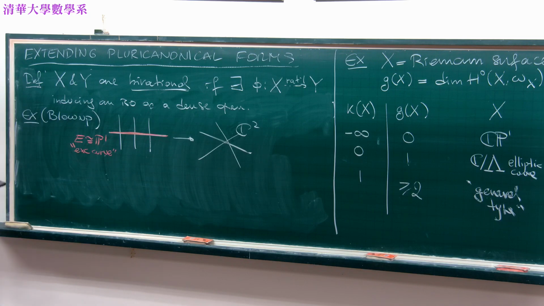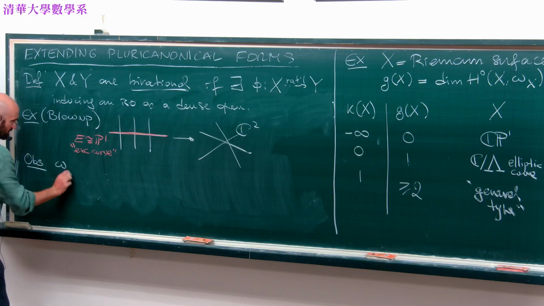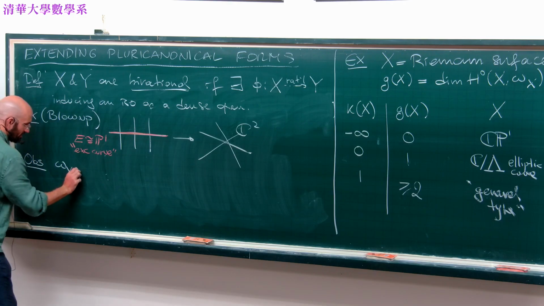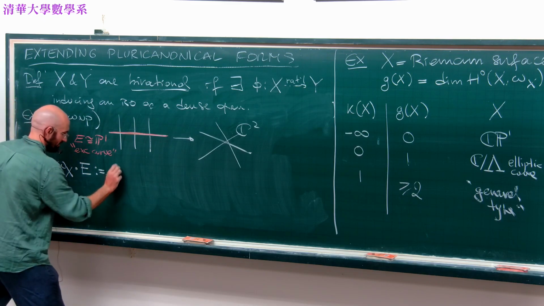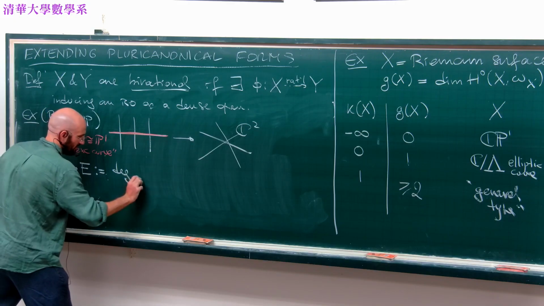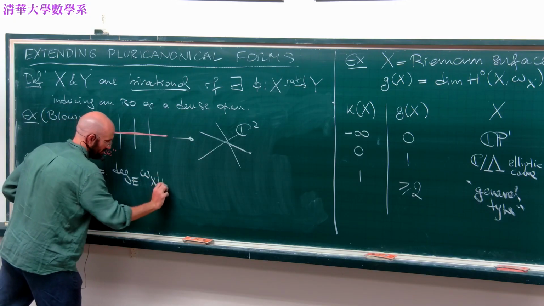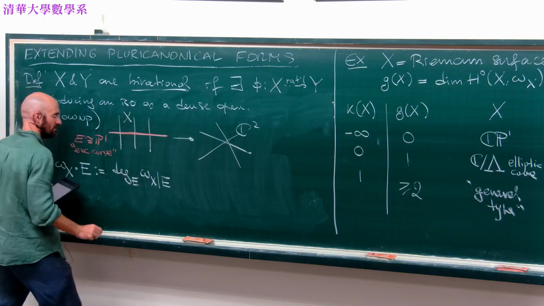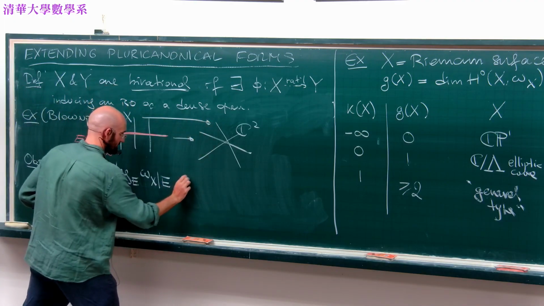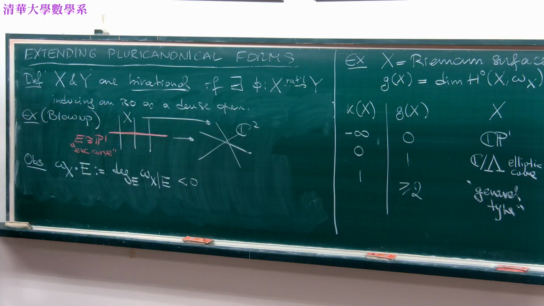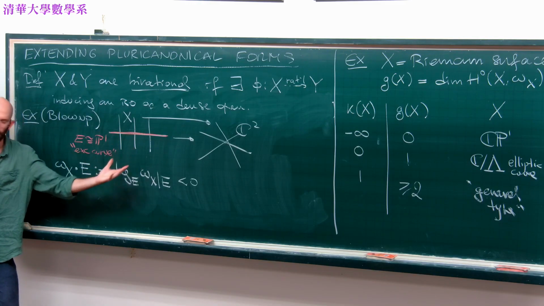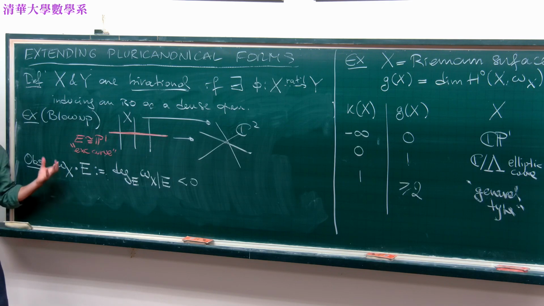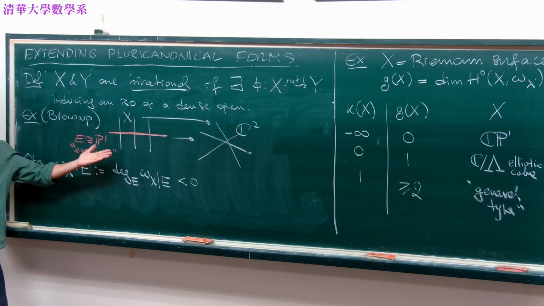Okay, the fundamental observation is that if you look at omega x times this curve E, which is just defined as the degree on E of omega x restricted to E, where x is the blow-up, this thing is negative. So these special curves are characterized by the property that omega x is negative when you restrict it to them.